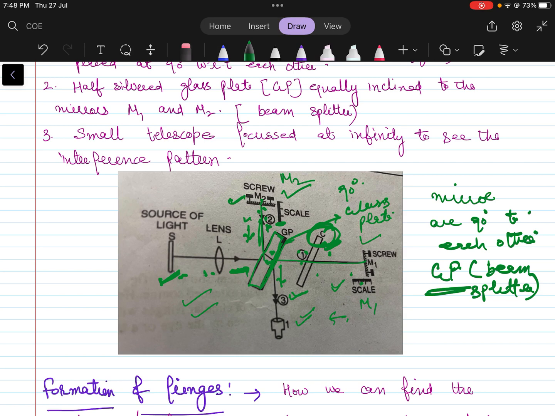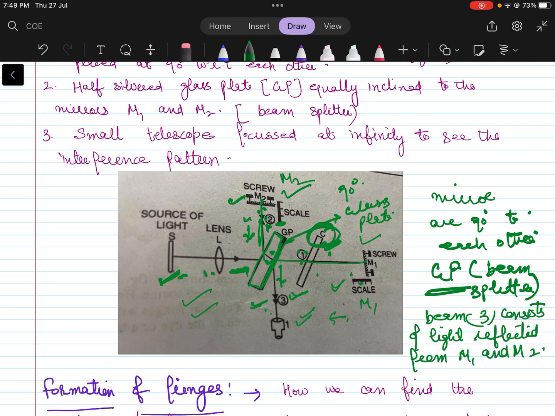The third beam consists of light reflected from M1 and M2.